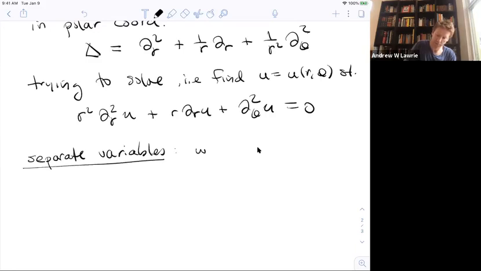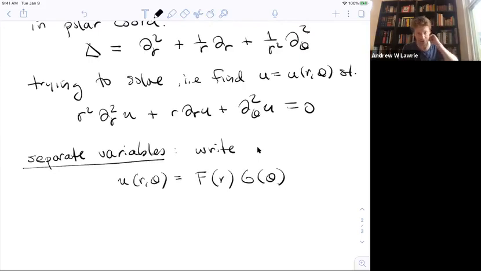Which means we'll write u of r, theta equal to capital F of r times capital G of theta.